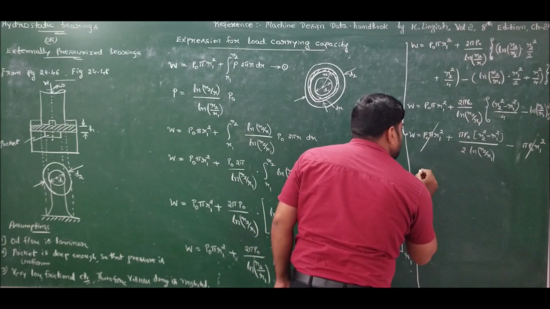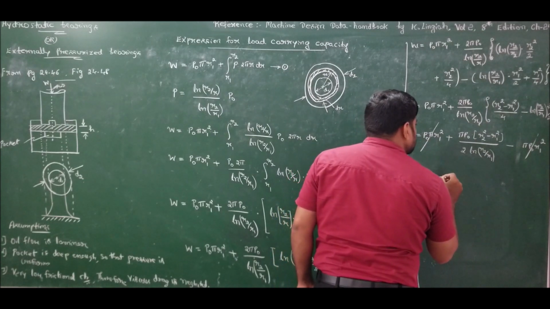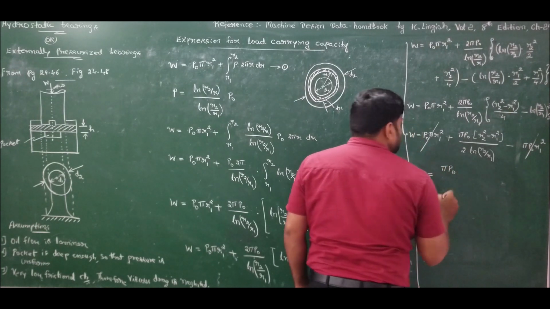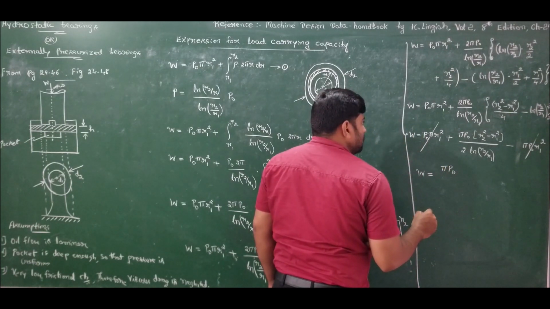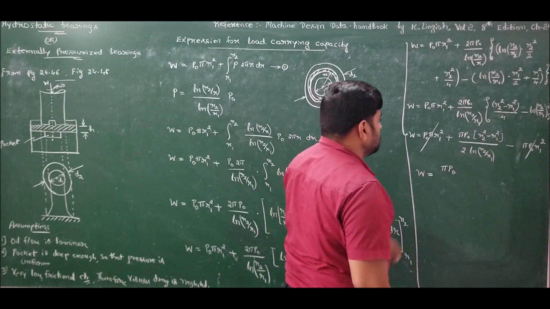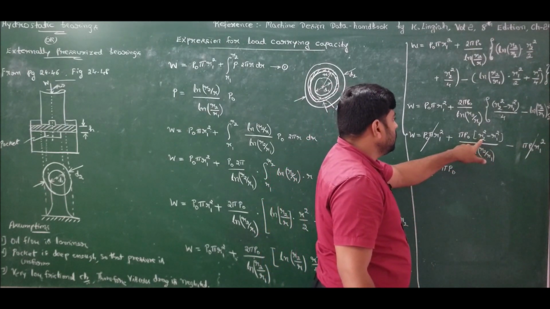Now in terms of diameter, if I write, I will get the equation as W is equal to pi times P naught, where I have radius square. Radius square is nothing but diameter square divided by 4.